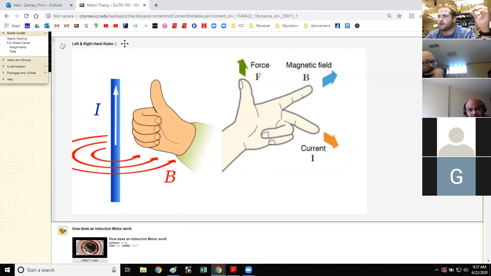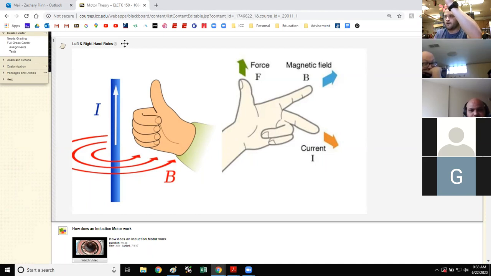What it says is that if I have a wire and I put current through that wire, let's just say it's direct current right now, and I hold this piece of wire up vertically, and I put my thumb in the direction of current flow, using standard current flow theory from positive to negative, from the bottom to the top, my fingers, as I wrap them around that wire, show the direction of magnetic flux around that wire.